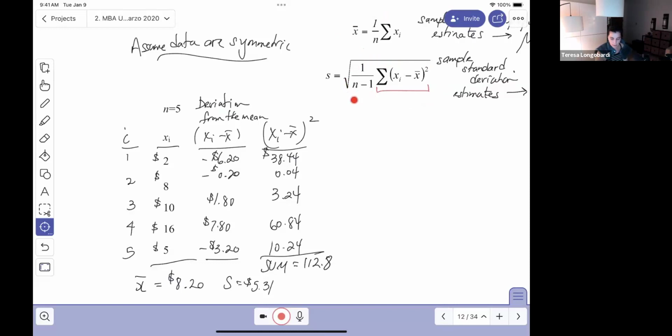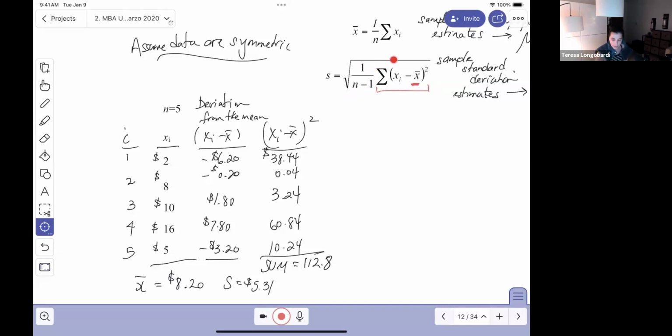Why do we minus 1? I have a whole discussion in my notes about why we minus 1. The fact that I am using an estimate inside of an estimate is the problem. To adjust for the bias it creates, we need to divide by 1 less. What does that do to the number?